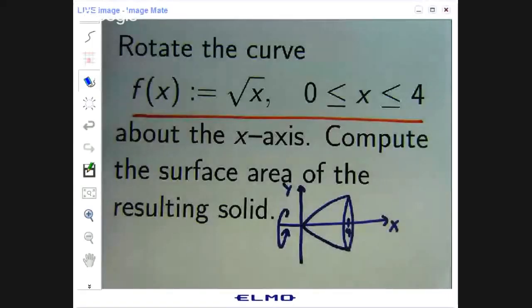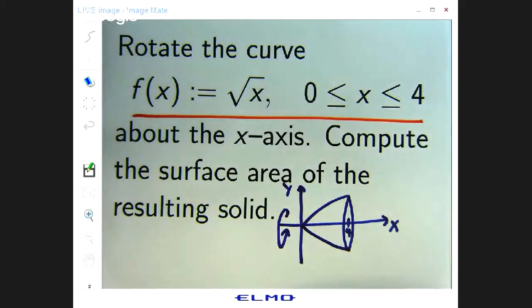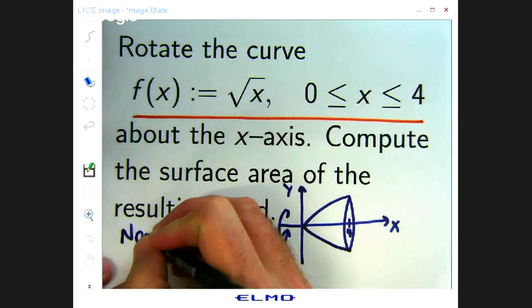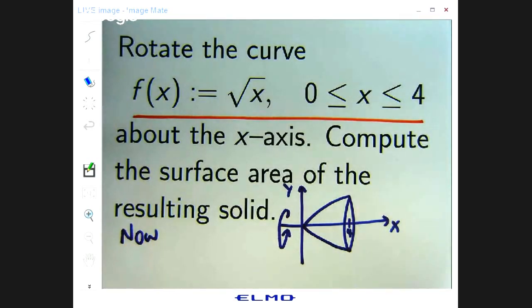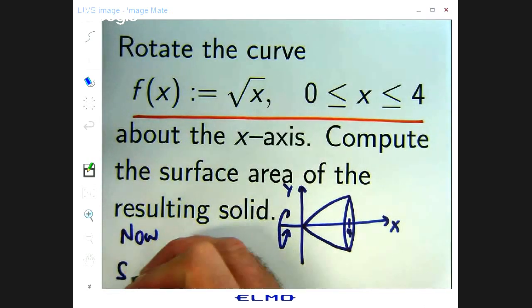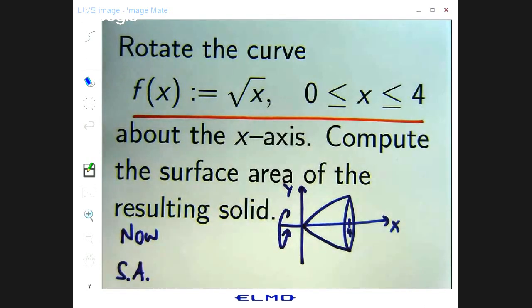So how do we do it? Well, we use calculus, and in particular, we're going to use integration. So let me show you. Okay, so I'll come back to this picture in a minute, but to apply the formula, let's call the surface area SA, just for surface area.